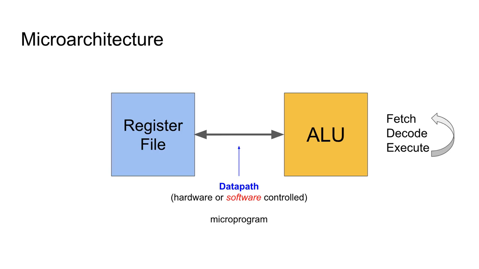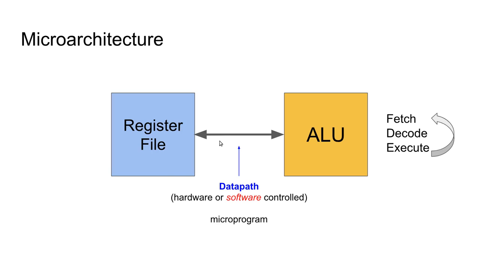How do we get information from the register file over to the arithmetic logic unit so that some arithmetic or Boolean logic can be applied to that data? And then how do we take the result of that and get it back into the register file for some greater use later? Right? So this is the primary purpose of the microarchitecture.